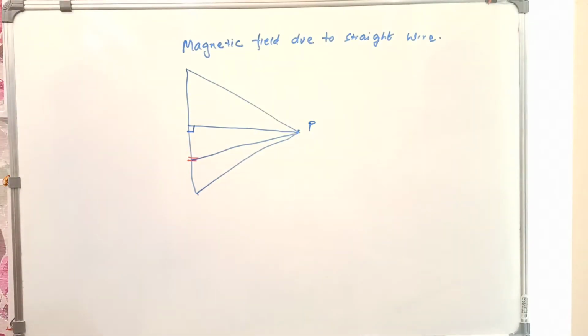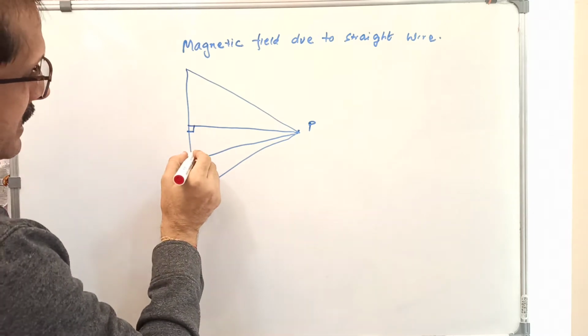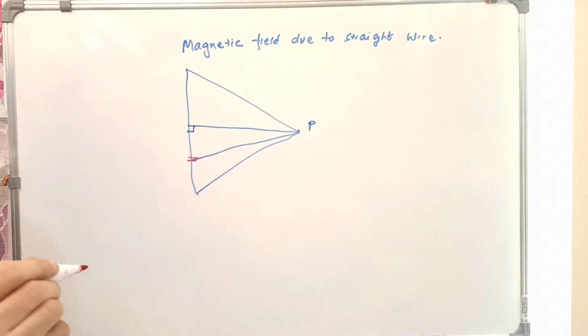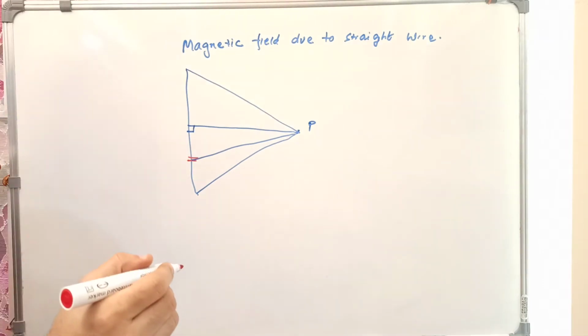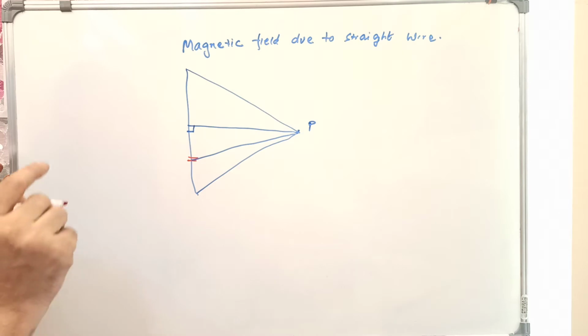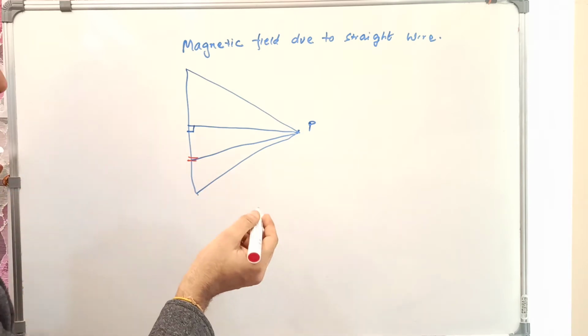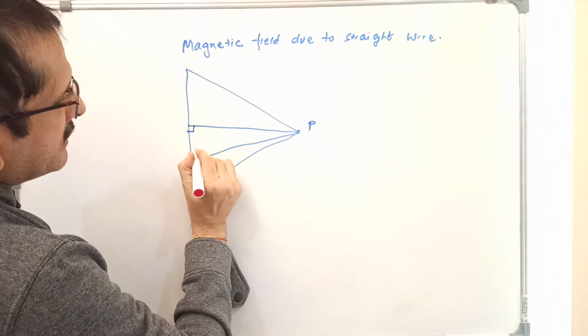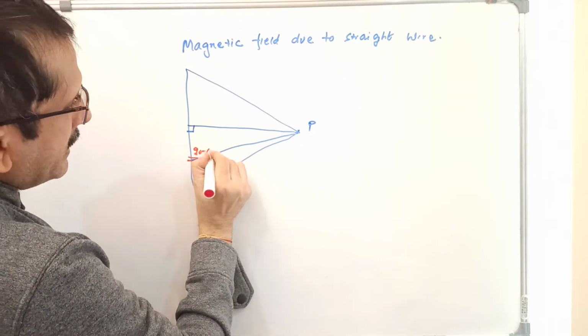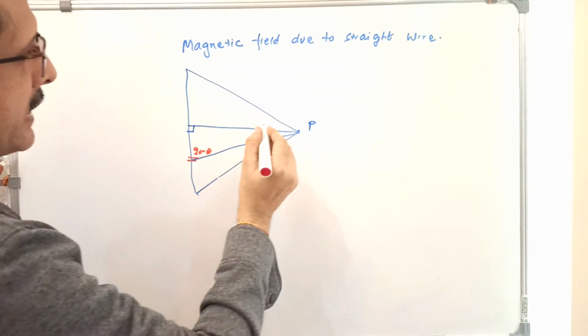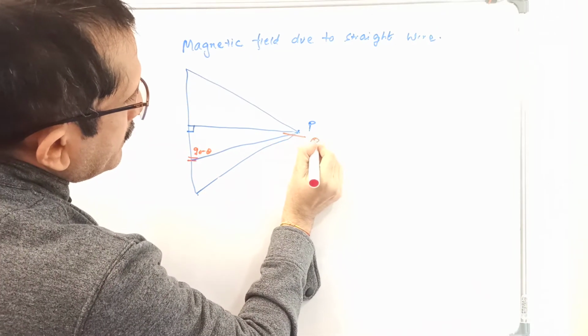Okay. Now, in the Biot Savart's law, we have taken this angle as theta, but just for the ease of comfort, which you will get to know after I am done with this derivation, I am taking this as 90 minus theta, and when this is 90 minus theta, this is a right angle triangle, so this will be theta.